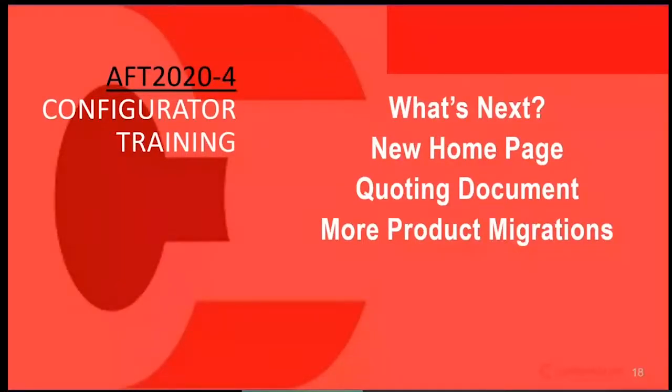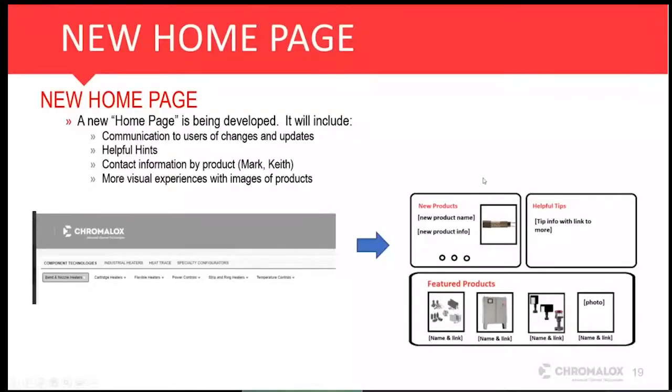Before I turn it over to Sam, just to let you know what's next: we are working on a new homepage. The existing homepage is pretty blah, but we want to make it very helpful. I had a quick illustration made here to the right, and we just want helpful hints. I get some questions once in a while and it'd be good to communicate that with everyone, like a link for who to contact.